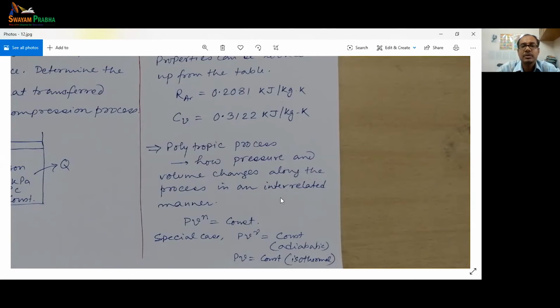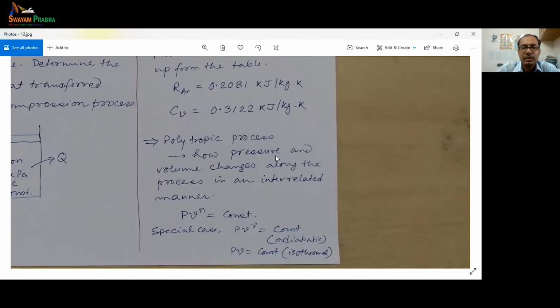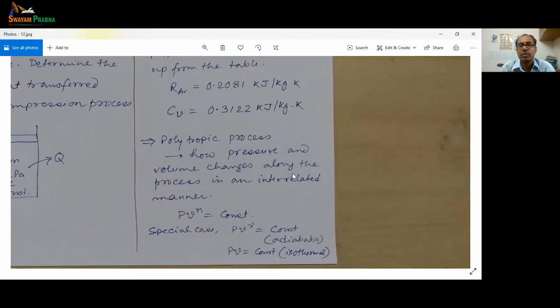But the polytropic process gives you more realistic processes, in which you can express an interrelation between pressure and volume. This polytropic coefficient n is actually the index for the volume. So PV to the power n equals constant. That's the general form of a polytropic process.